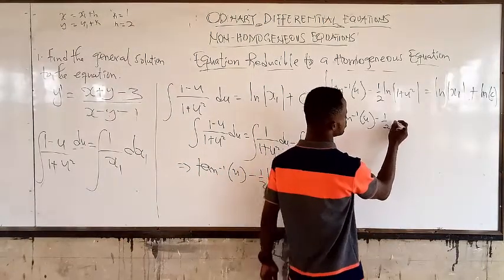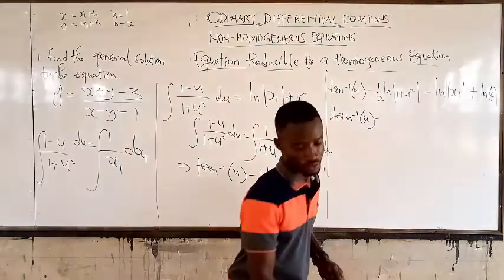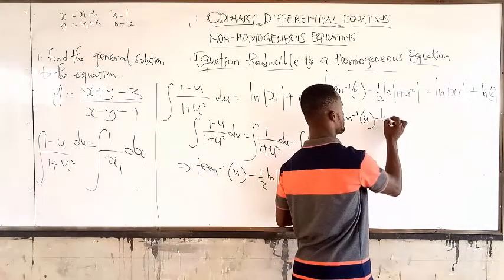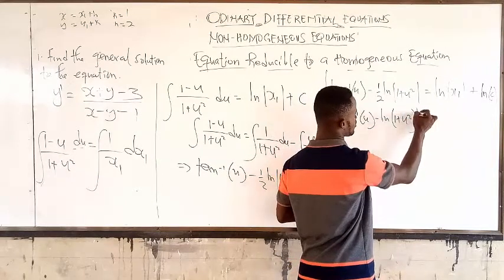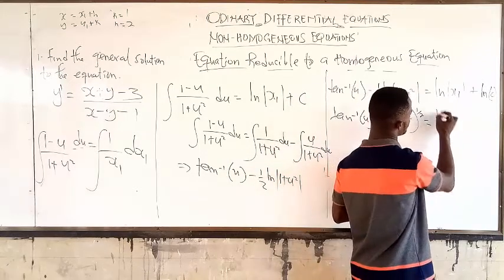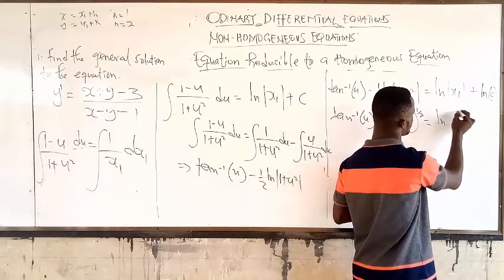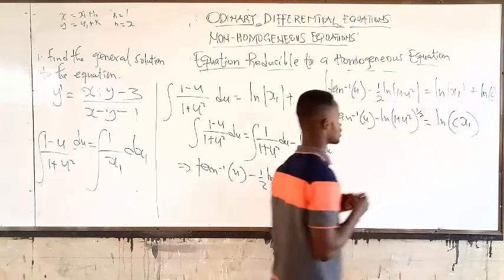Over 2. Don't forget that also. We can write this as ln 1 plus u squared power half is equal to ln c S1.